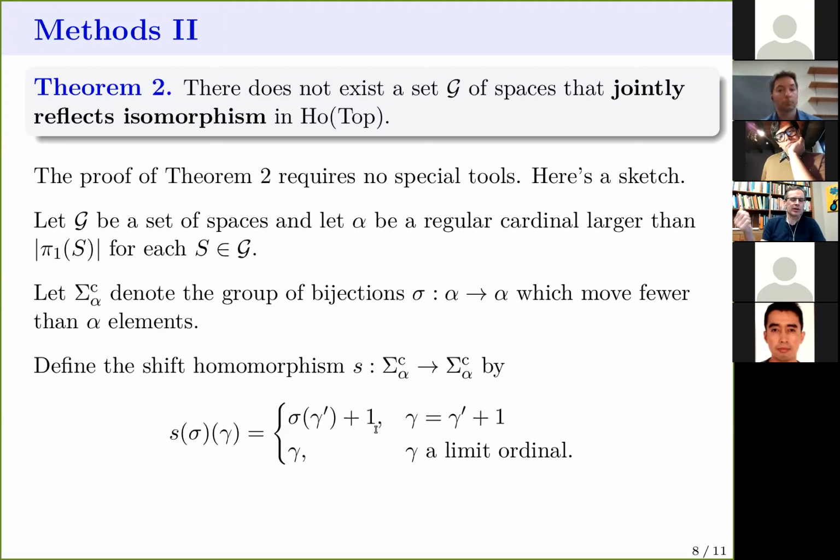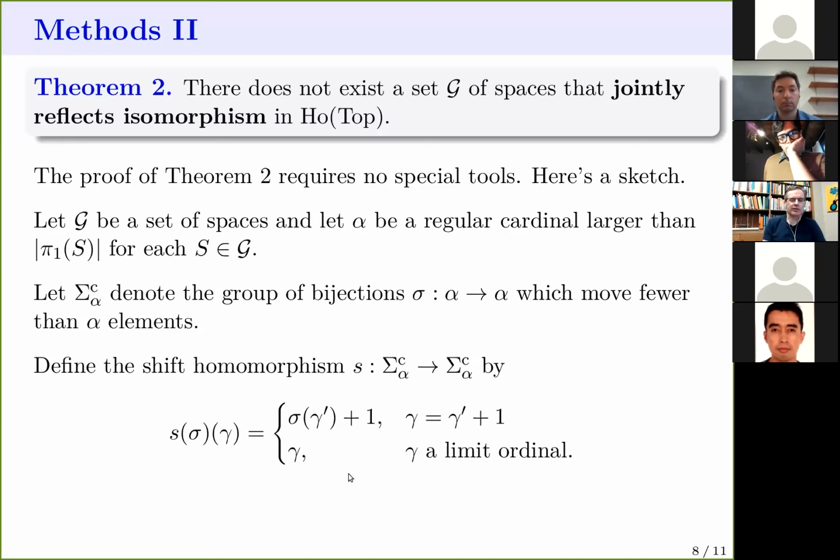So I start with gamma, I take its predecessor, apply sigma, and then take the successor. So I'm conjugating by this predecessor map, except that the predecessor map's not defined everywhere. So if I've got a limit ordinal that's not a successor of anything, then I just send it to itself. And since I have this +1 here, this case never hits a limit ordinal, so I can treat the limit ordinals and the successor ordinals completely separately.